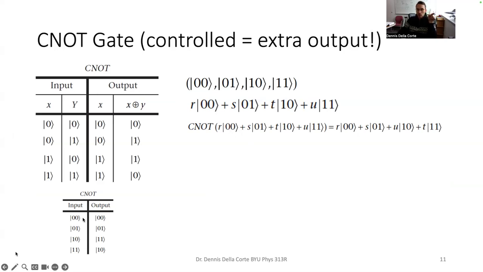Well, the 0 0 we can look up is mapped to 0 0. The 0 1 is mapped to 0 1. The 1 0 is mapped to 1 1. So the T that used to be 1 0 is now the T at 1 1. And the 1 1 is being mapped to 1 0. So we see that U and T have switched positions.